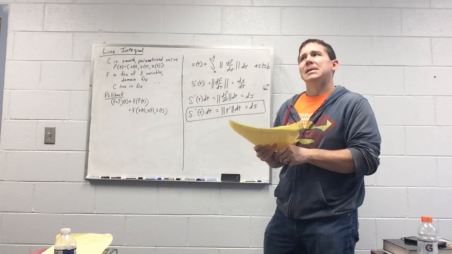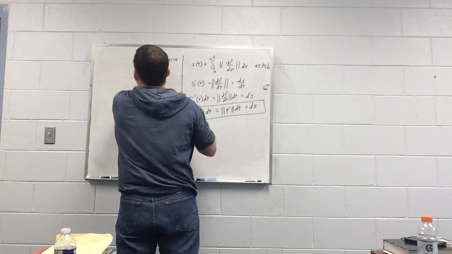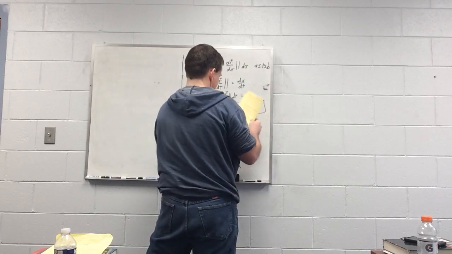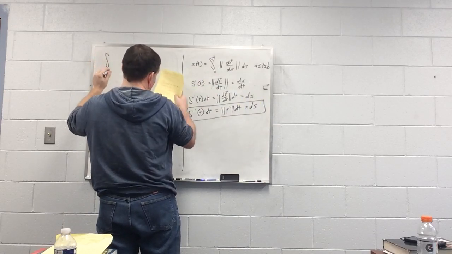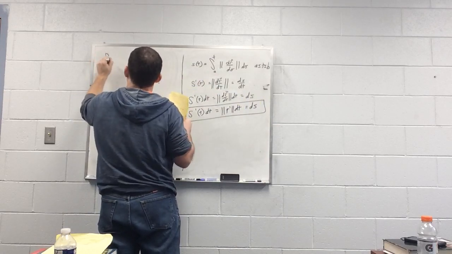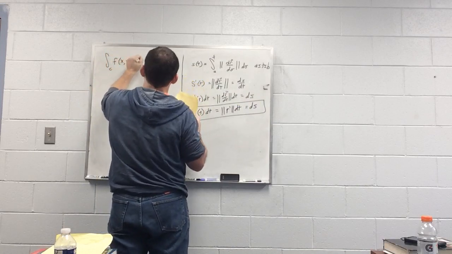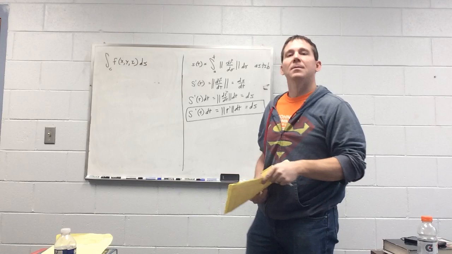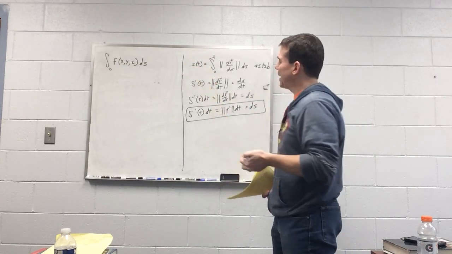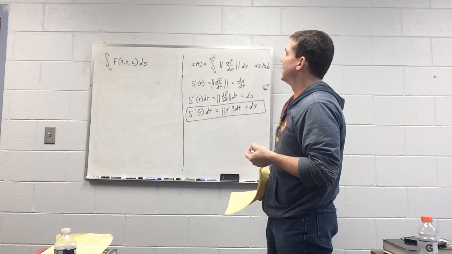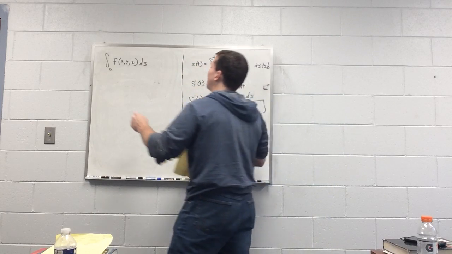But now, when we did our integrals before, we had the integral along c of f of x, y, z ds. But now I'm going to use what I did here and just algebraically manipulate that. In this case, I'm going to use my composition, my pullback.